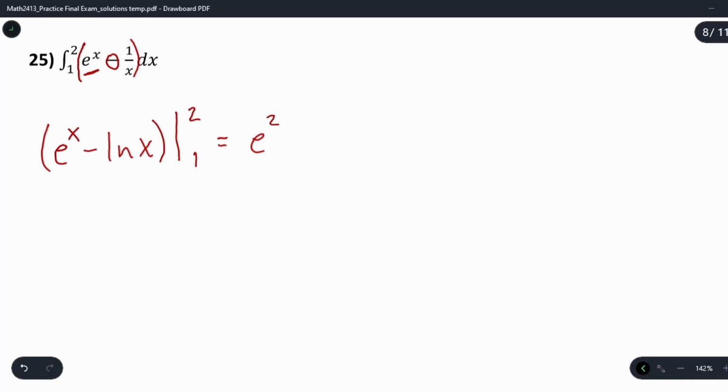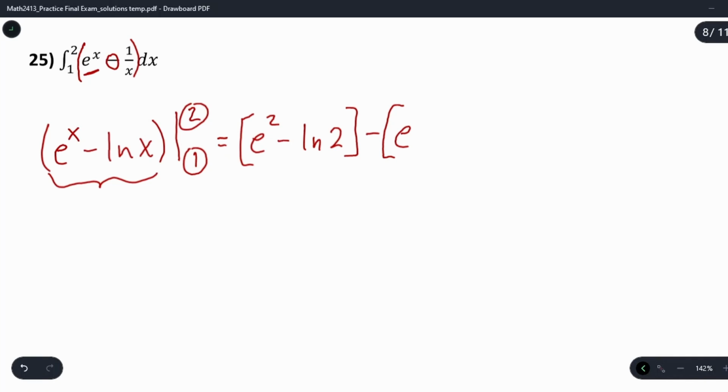So we're going to get e squared minus natural log of 2. That is this expression evaluated at 2. And then we're going to subtract the same expression evaluated at 1. e to the 1 is just e, minus natural log of 1.